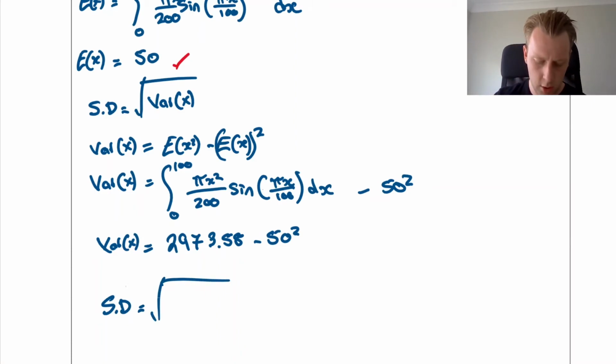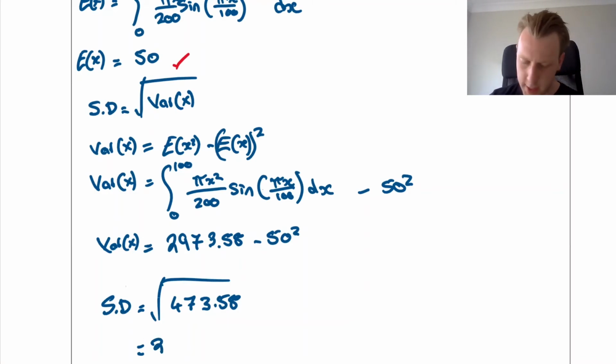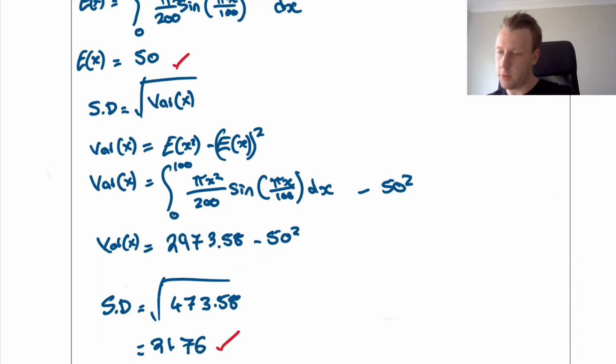So 2973.58 subtract 50 squared is 473.58, and the square root of that is 21.76.